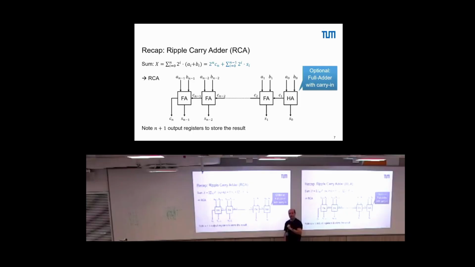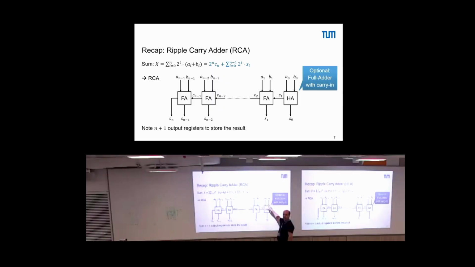The worst case that can occur is, for instance, that we have a -1 at the one input, all ones, and we want to add 1. So 1, 1, 1, 1, and we add 0, 0, 0, 0, 1.